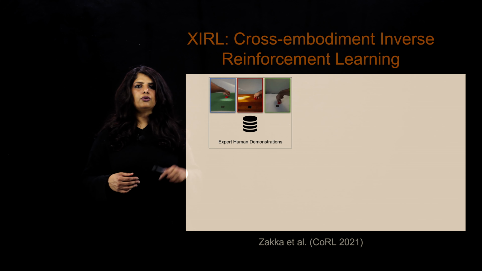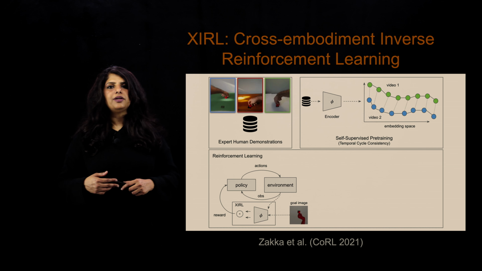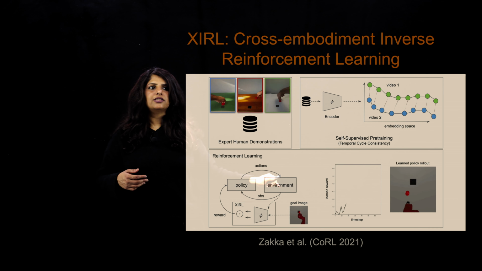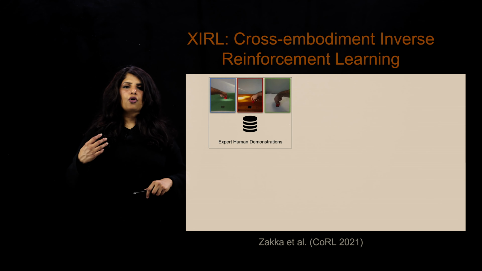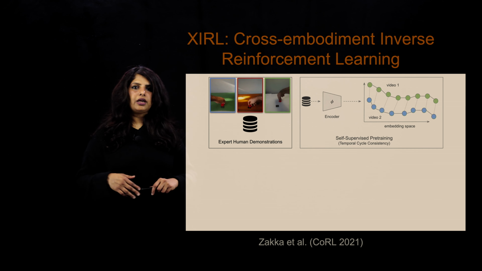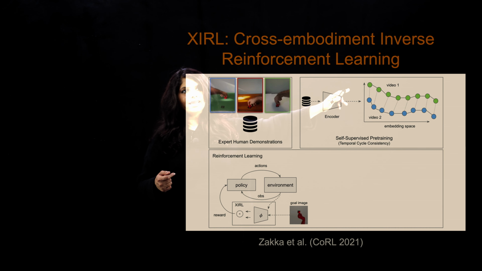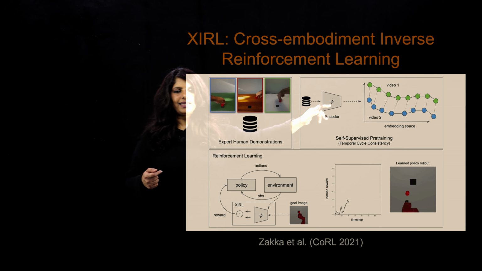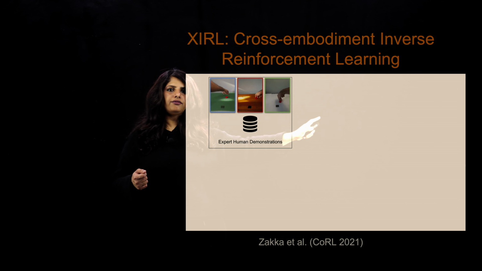Or in this case, things that I can learn from human demonstrations in videos can still be useful for me to train a robot to execute similar tasks autonomously by itself. The way they do this is by making use of task progress as a way of learning how to perform a certain task. And they look at the negative distance between our current state and the goal state in the embedding space as a reward function.